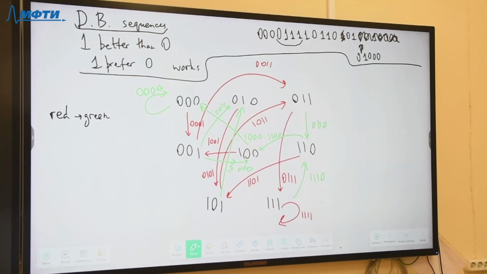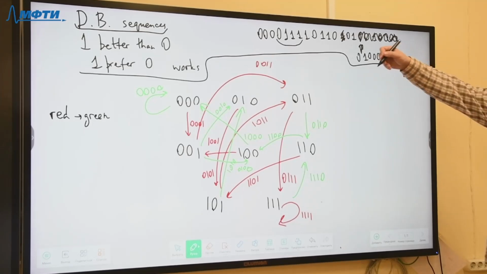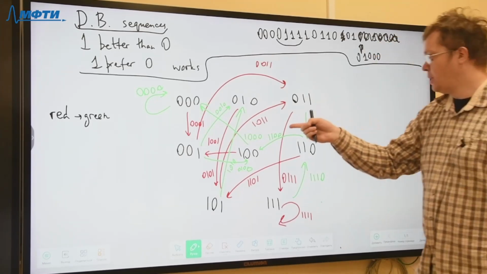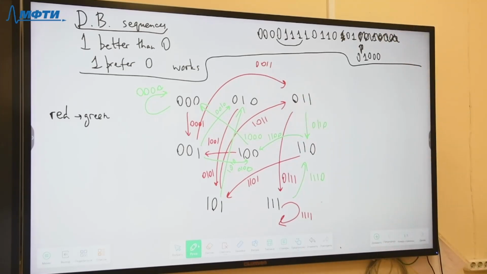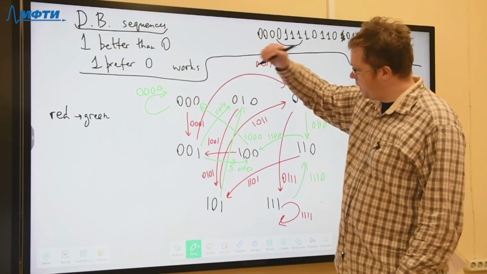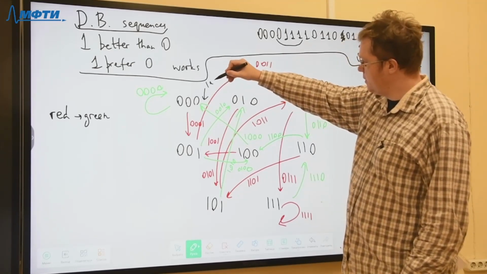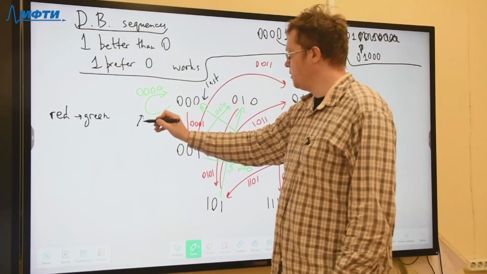And then it is easy to see that if I start, I must finish in the same node because my graph is Eulerian. And so I finished with this green edge 0, 0, 1, 0. So this is the last edge. This is the first.